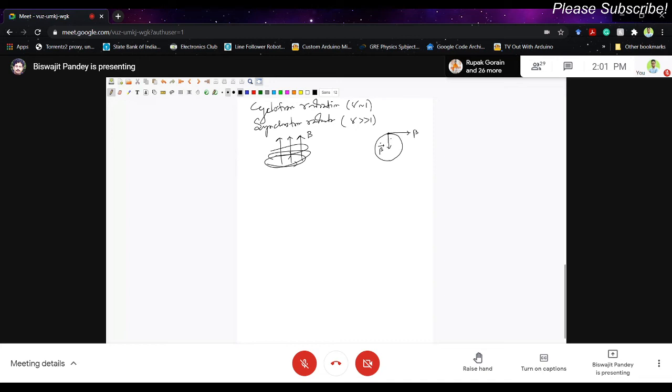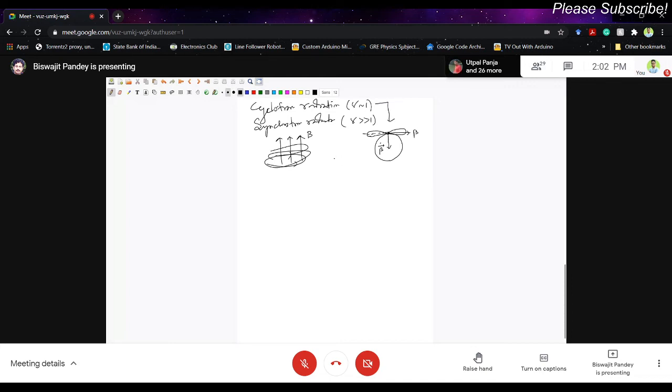They are orthogonal, and the radiation pattern we have seen is proportional to cos square theta, where theta is the angle between the radius vector curly r and the velocity vector beta. So you have a pattern like this. We have radiation going in the forward direction and the backward direction. There is no radiation in any other direction. This is the case of cyclotron radiation.